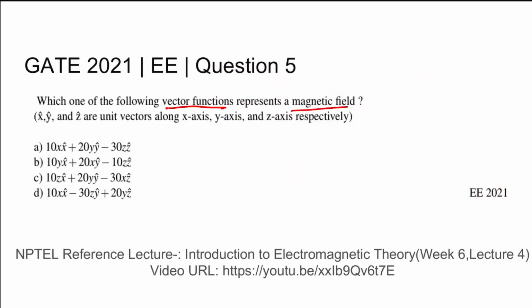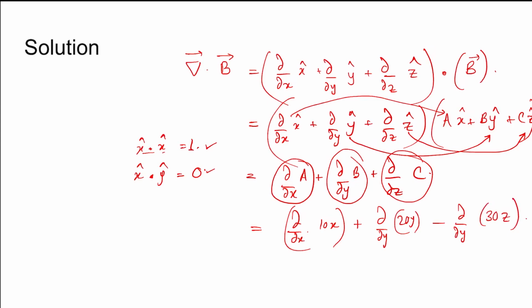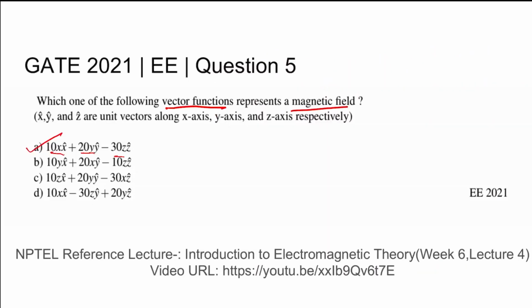So just seeing the option, we can tell that the option will be this, because you see derivative of 10x plus derivative of 20y minus derivative of 30z will be 0, because 10 plus 20 minus 30 is 0. So option A is the answer. Option A will be the answer.